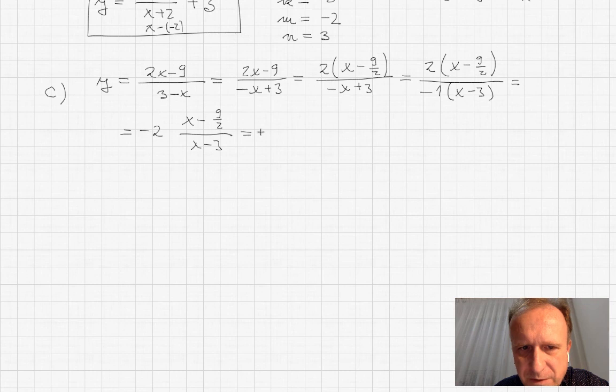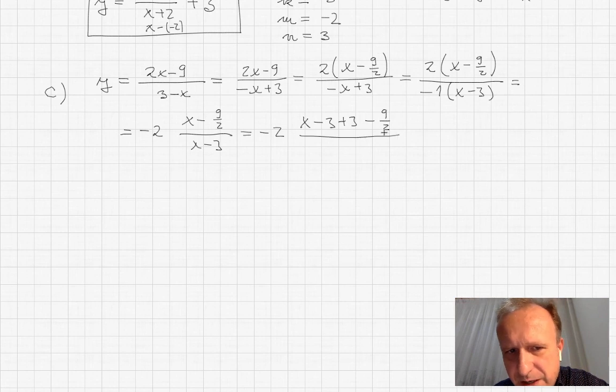So this equals negative 2 times. Now I will try to replicate the denominator in the numerator. So it's x minus 3 plus 3 minus 9 halves divided by x minus 3. So this minus 3 plus 3 amounts to a convenient 0. So it's a 0 actually, added to the numerator of the fraction.